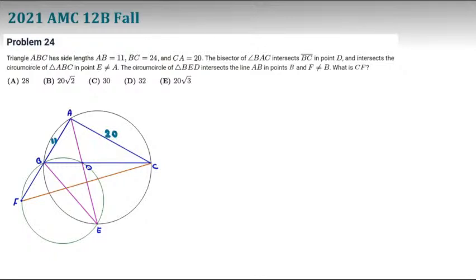The bisector of BAC is bisector A over 2, A over 2. Meet BC at D and intersect the circumcircle of ABC at E, which E is not A. The circumcircle of BD, this circle, intersect the line AB in point F here. Find the CF. Okay, we want to find CF.